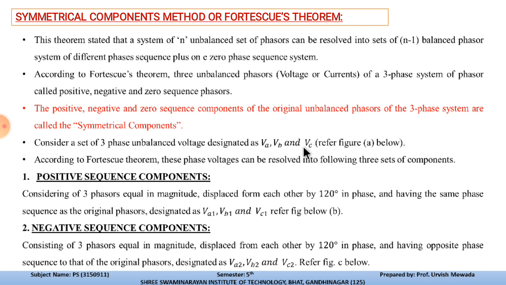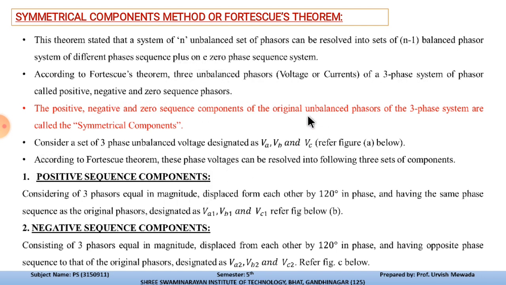So we are having three phases, so voltage of A phase, voltage of B phase, and voltage of C phase. According to Fortescue's theorem, these phase voltages can be resolved into three sets. So let us discuss all three sets to determine the symmetrical components of the original unbalanced phasors for the three phase system. First is the positive sequence component.